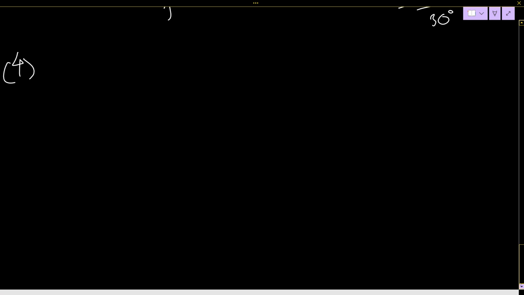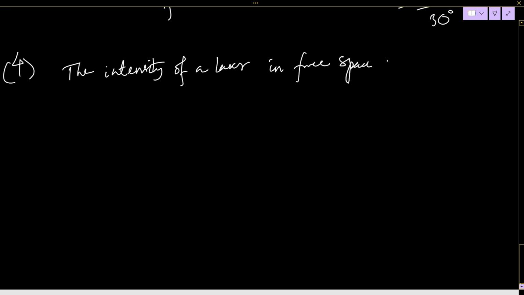Question number 4. The intensity of a laser in free space is 150 milliwatt per meter square.